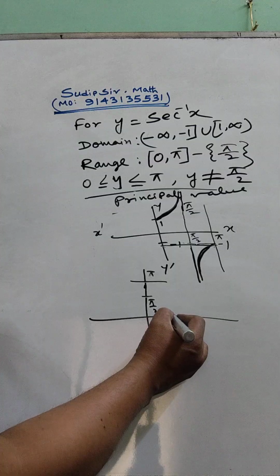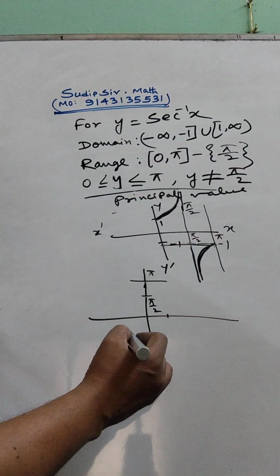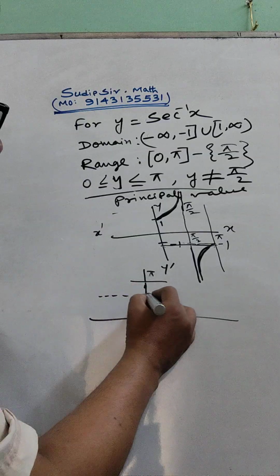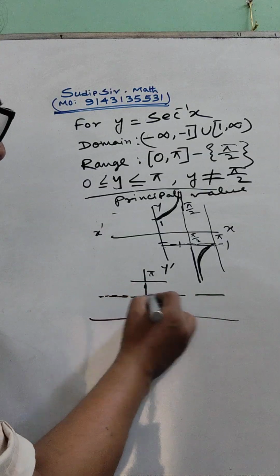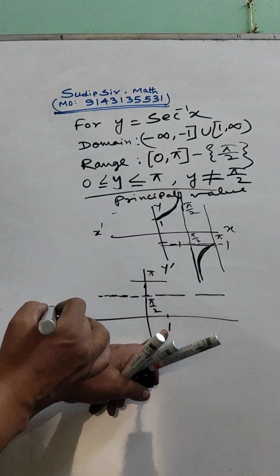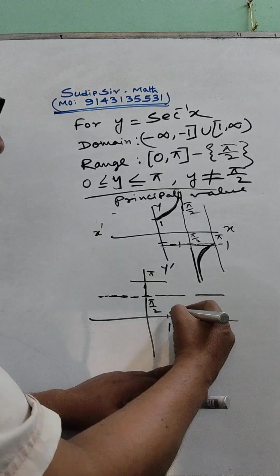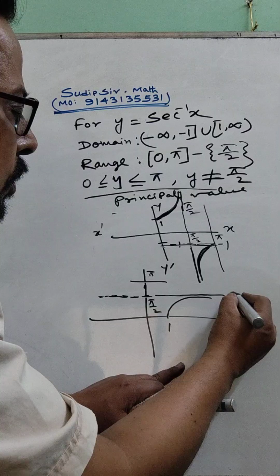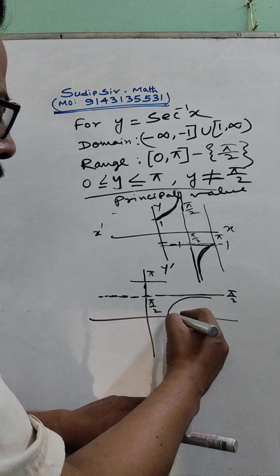Say this is 1. If this is the pi by 2 line, from 1 it will be like this, and this line is pi by 2.